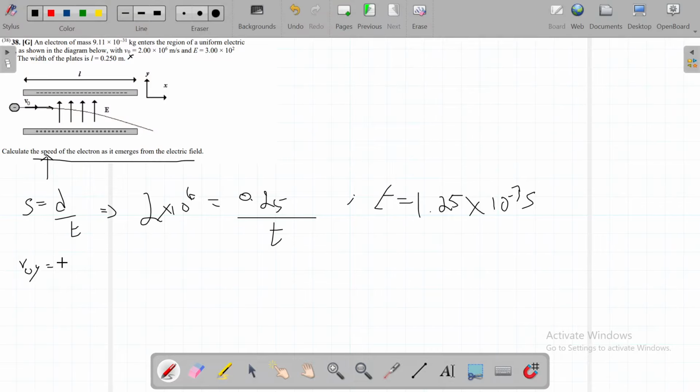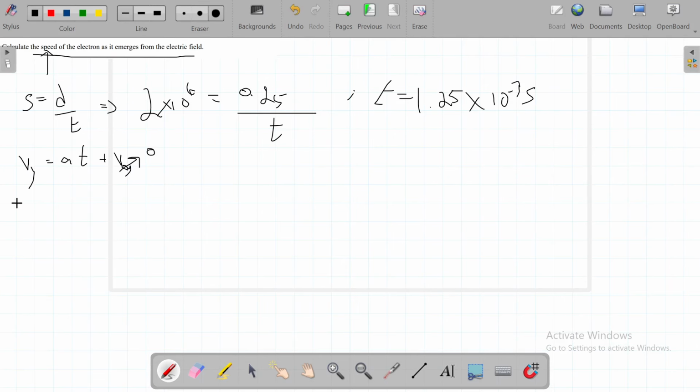V y is your V naught y plus A t. Obviously the V naught y is 0. And then the A, the acceleration, is the same thing as saying force over mass, into the time, right?